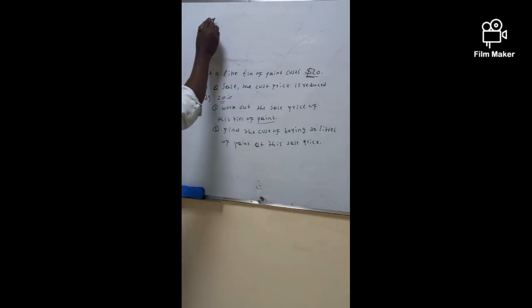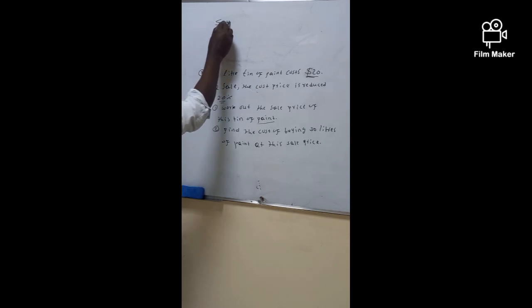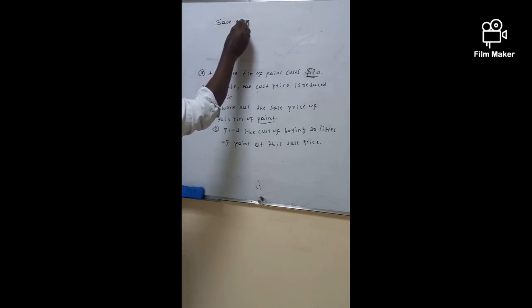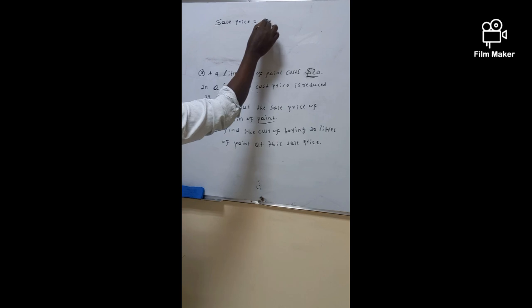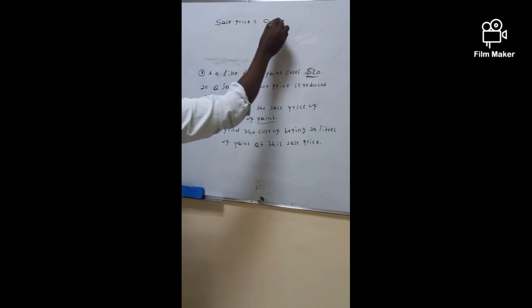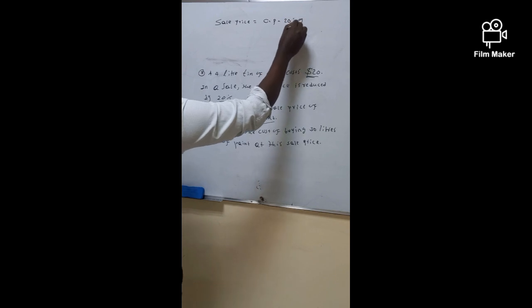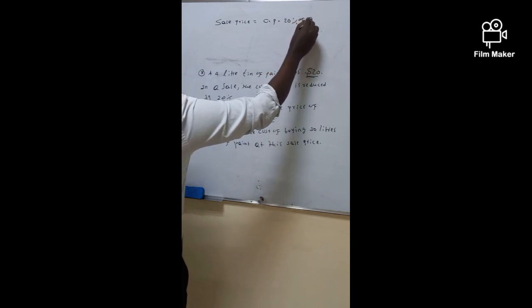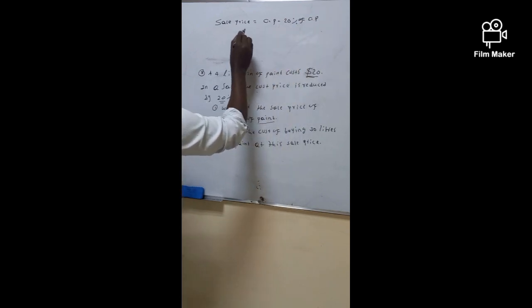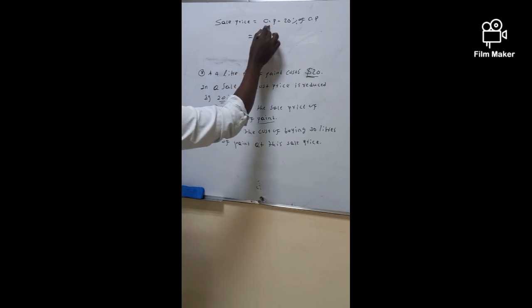So the new sale price is going to be the cost price minus 20% of the cost price.